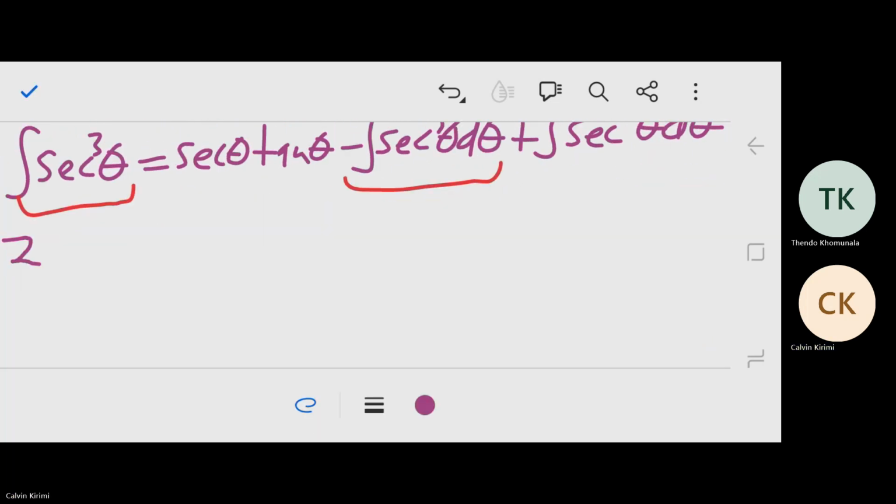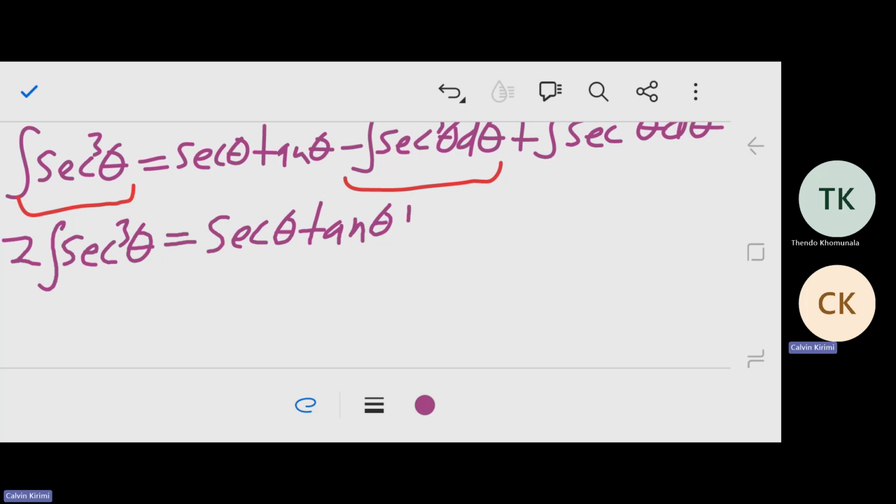2 of the integral of secant cubed theta is equal to secant theta multiplied by tan theta plus secant theta tan theta.